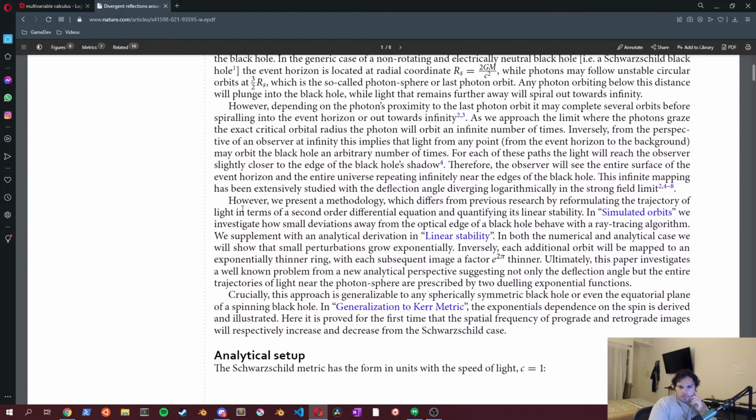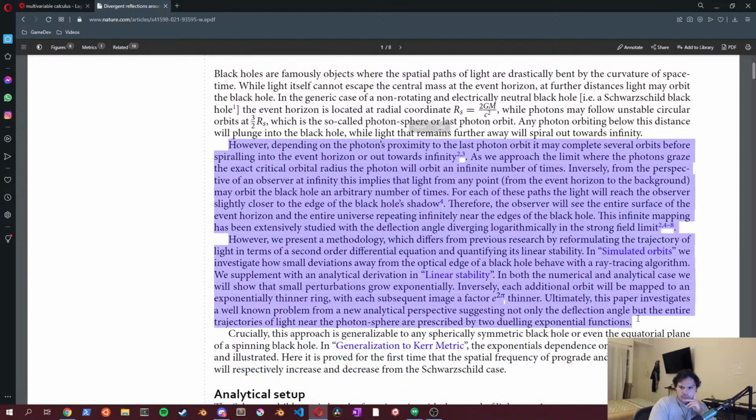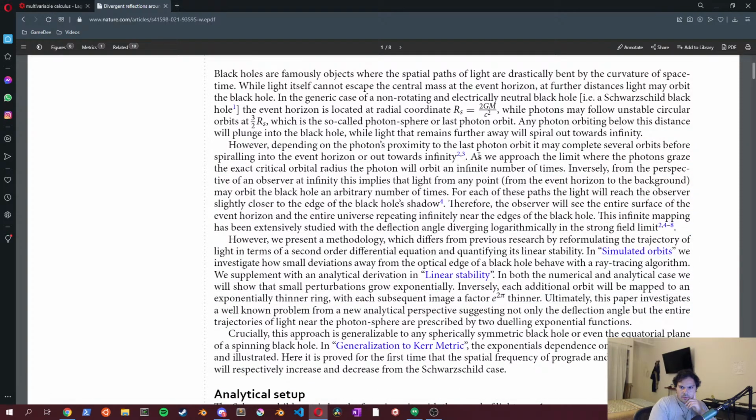Okay, so kind of what I understand from this is that for some reason, if you're far away from a black hole, any light that goes somewhere near it before it gets to you can get caught up in the black hole and rotate around it some number of times.